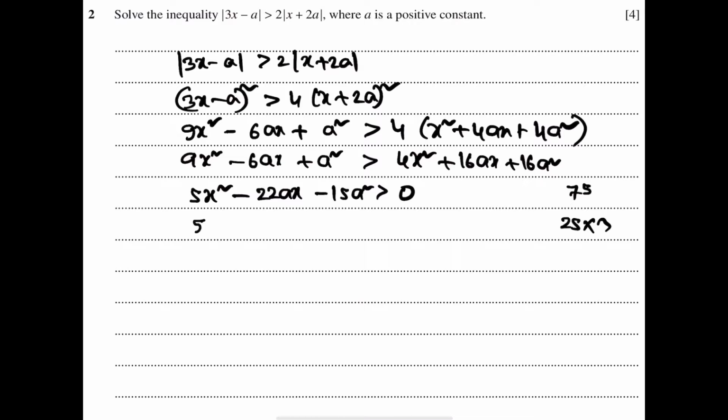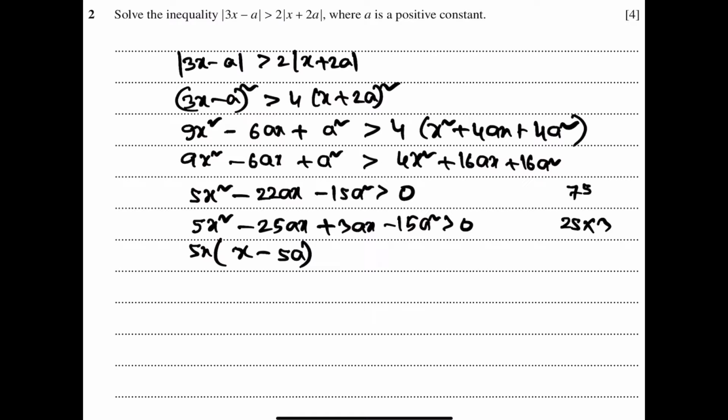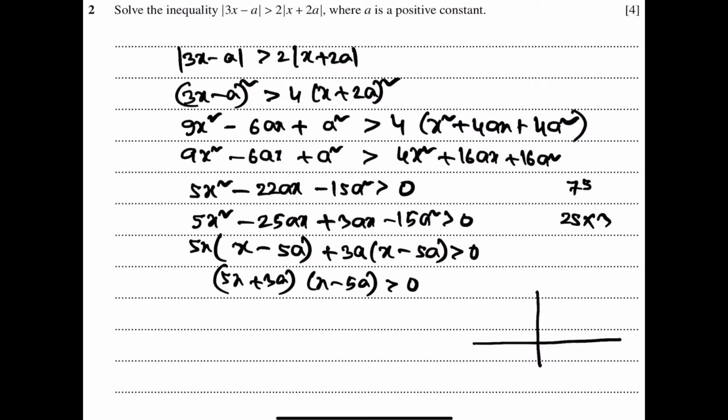So we can write here 5x square minus 25ax plus 3ax minus 15a square greater than 0. 5x will be common, so x minus 5a, 3a is common, there will be x plus 3a. Critical values are minus 3a by 5 and 5a. Let me consider it as here, and then 5a, it is here.